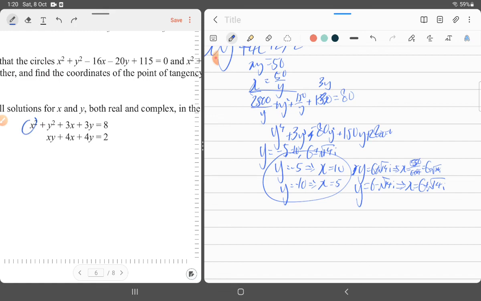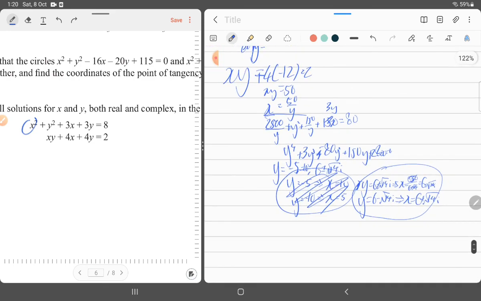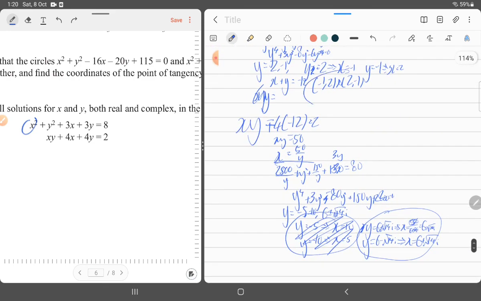Negative 5, no, 10 squared plus 25 plus 30 take away 15. Yeah, these two aren't real solutions. These don't give solutions to this question. So therefore these aren't real solutions, and these are the solutions.